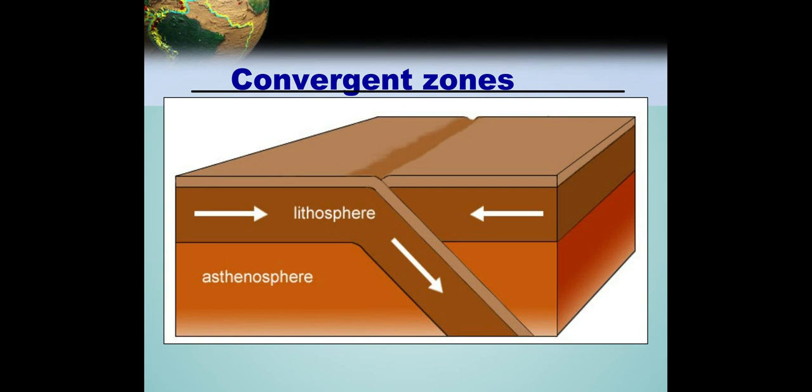Remember, density causes it to go down. The collision of tectonic plates can result in earthquakes, volcanoes, formation of mountains, and lots of other geologic events. Compression squeezes the rocks together, causing the rocks either to fold or fracture. Compression is the most common stress at a convergent plate boundary.